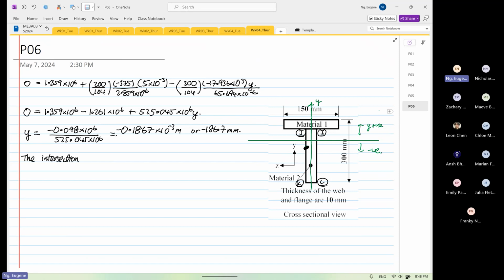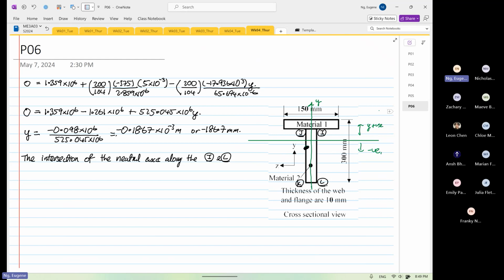Okay, along the line of the neutral axis, along I and L, everything is the same.